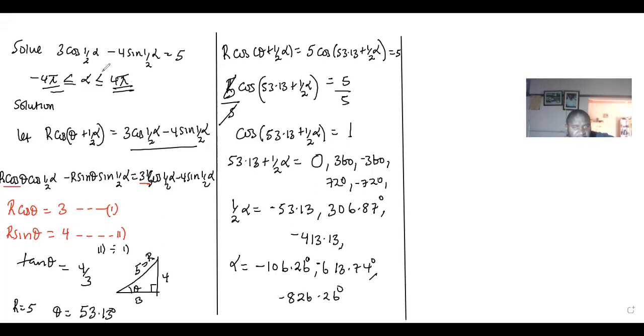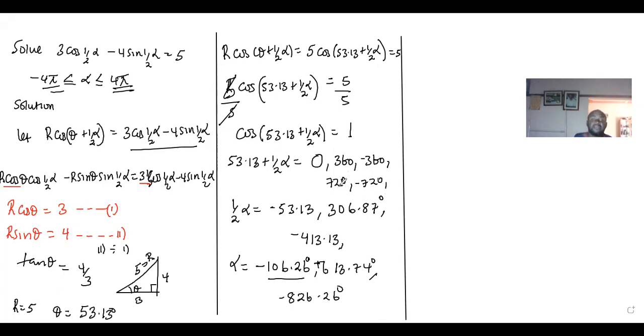Whereas if you're to check the positives, are beyond 720. I did not confirm the 720, but let me check on the 720. 720 minus 53.13. What do you get? So this is a positive, sorry. Then this is a negative. When you say 720 minus 53.13, what answer do you get?